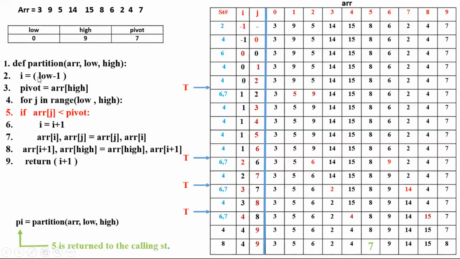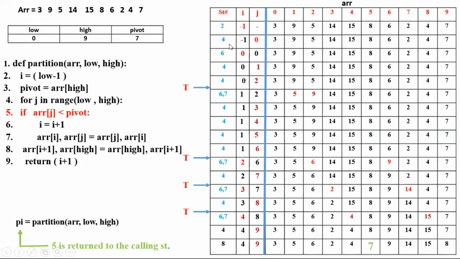First, we assign i to low minus 1, it's minus 1. Here, statement 2, i is minus 1. Here we have the array elements, as you see, with their indices. Pivot is array sub high, 7, and we start a loop for j in range low to high.